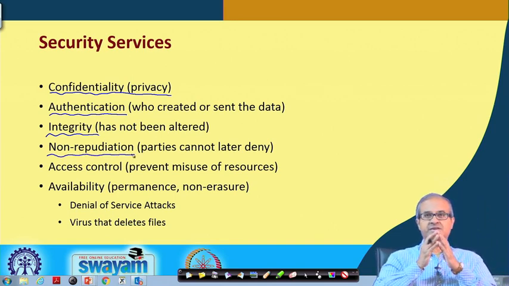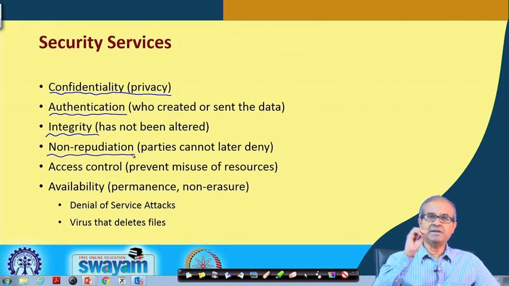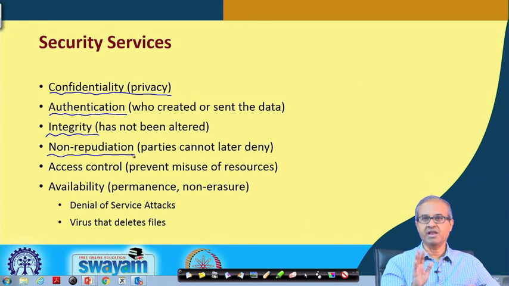Non-repudiation is a parameter which is very important, more from a legal point of view. Non-repudiation means something like this. Let us say I had sent you a message, but tomorrow I say that I did not send you the message, maybe someone hacked and sent the message on my behalf.